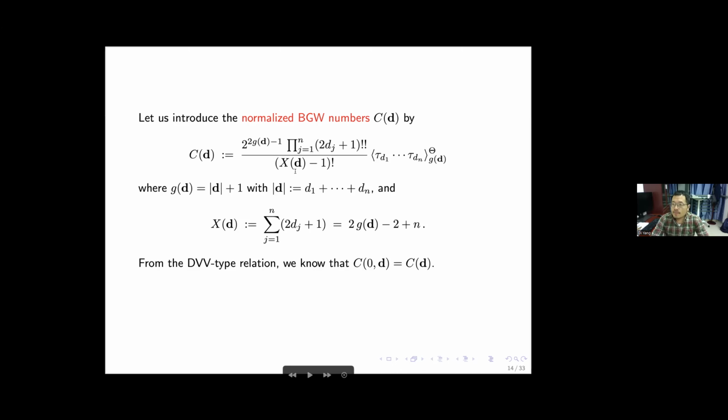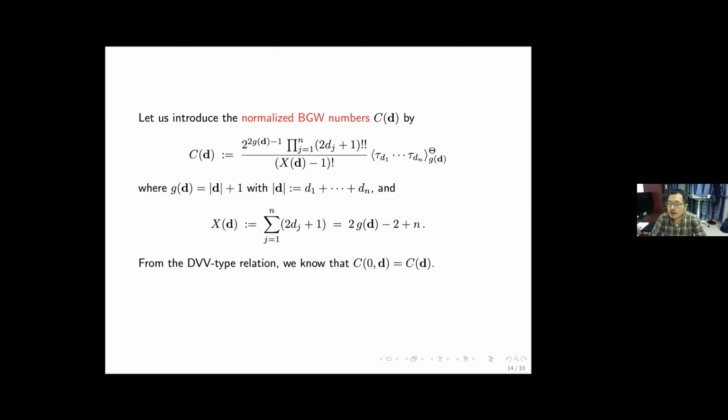The advantage of this normalization is that from the DVV-type relation, we know that if we add 0 in this partition, it is unchanged.